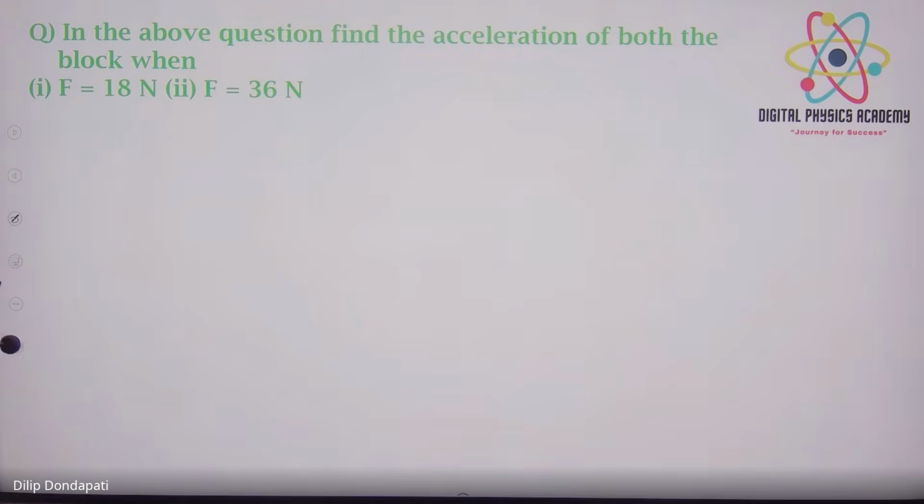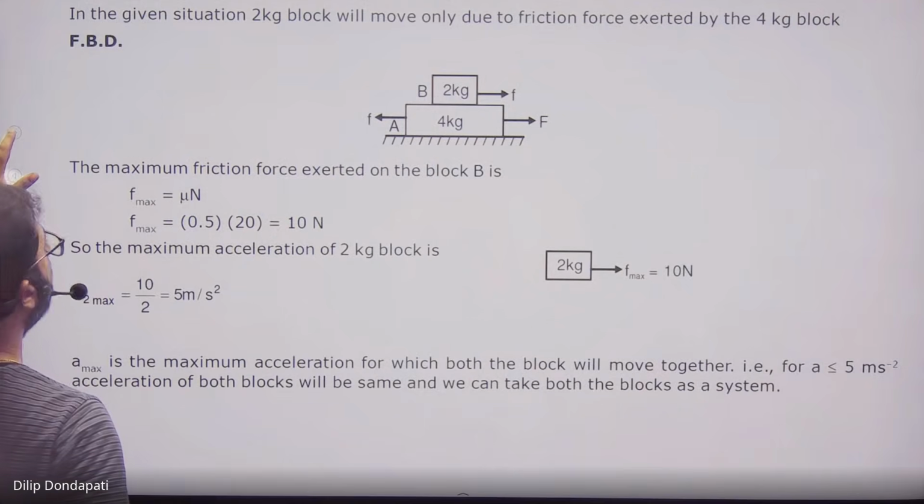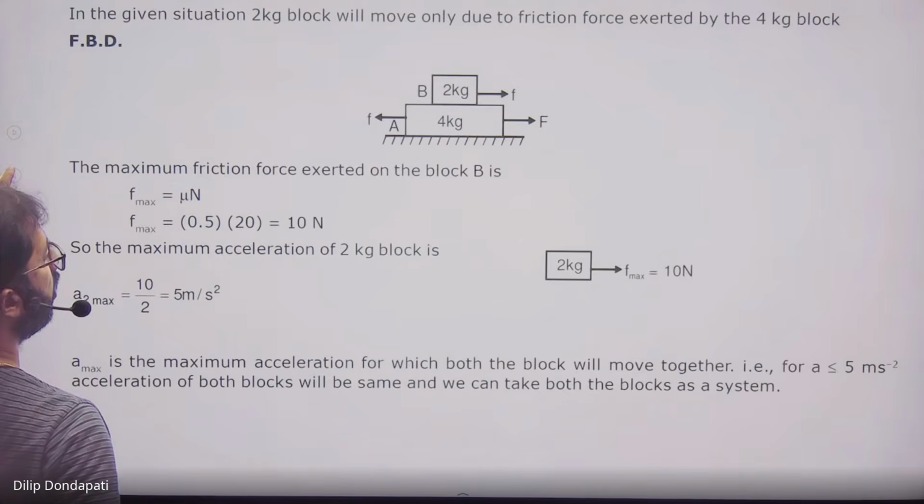Now, in the above question, find the acceleration of both blocks when F is 18 and when F is 36. So what is the diagram? 2, 4, and 0.5.